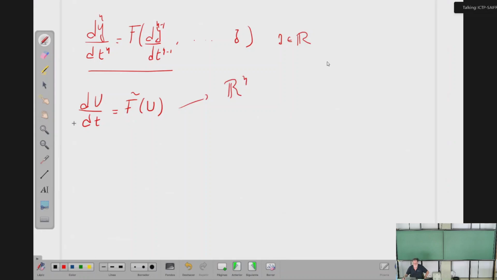But what we gain this way is that we have a unique way of representing the equations, and we have a geometrical interpretation. This here is some vector field. So it's a vector at every point u in Rn.